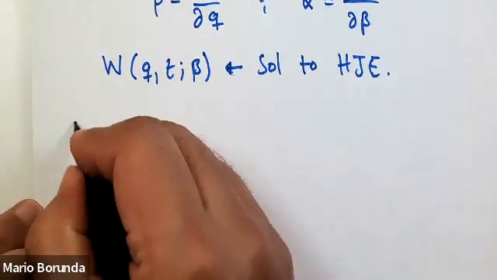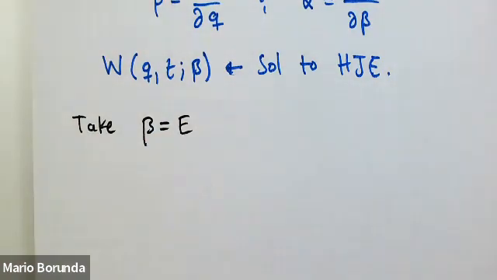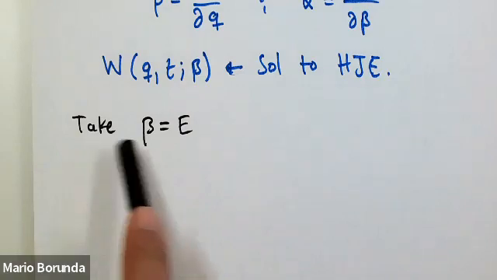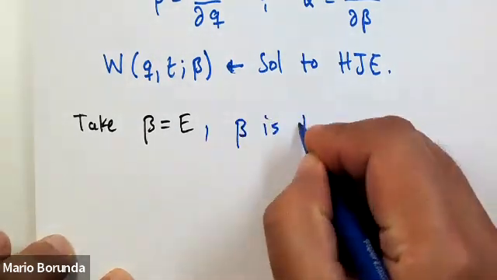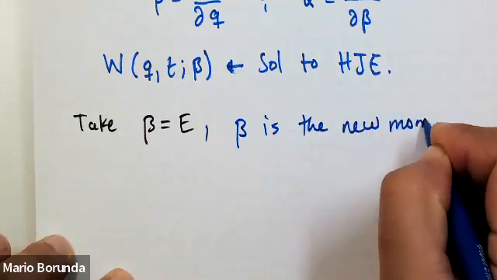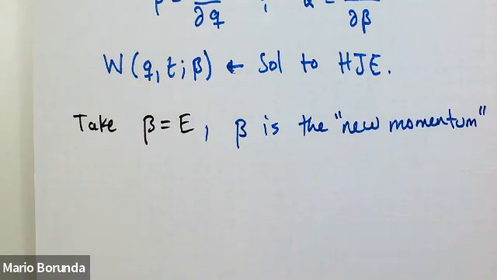If beta is the energy, and this energy is the new momentum, right, after our transformation, what does that mean? Does it make sense now? So we're in this weird thing where everything is about to click.